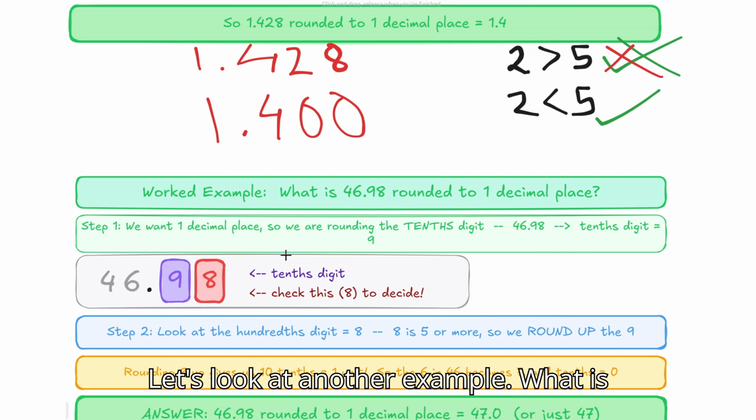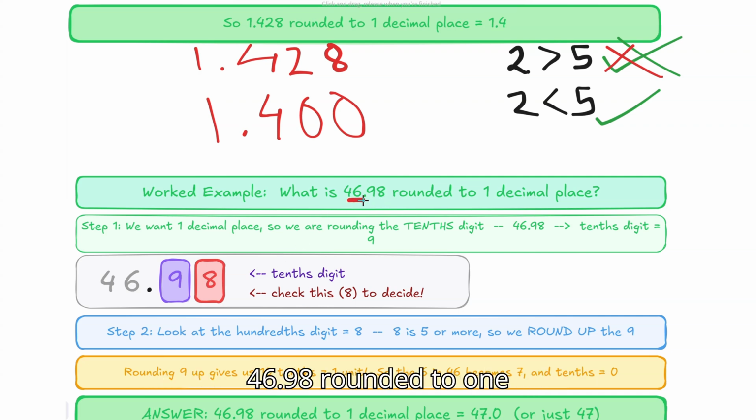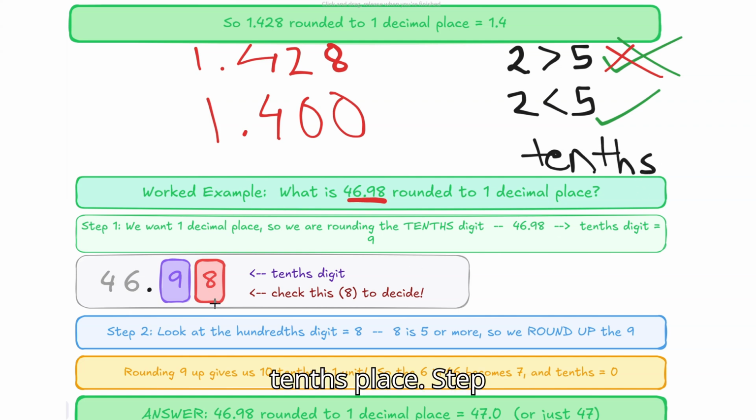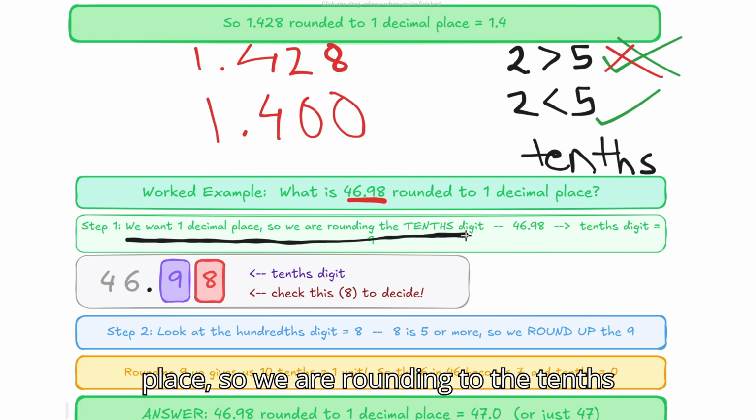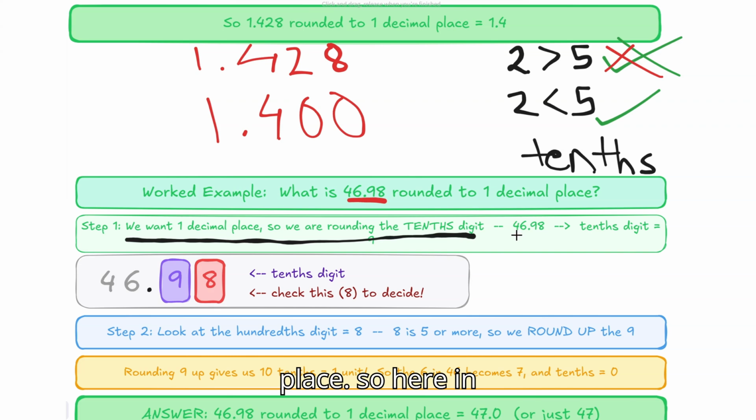Let's look at another example. What is 46.98 rounded to 1 decimal place? Step 1: we want 1 decimal place, so we are rounding to the tenths place. Here in 46.98, the digit in that place is 9.